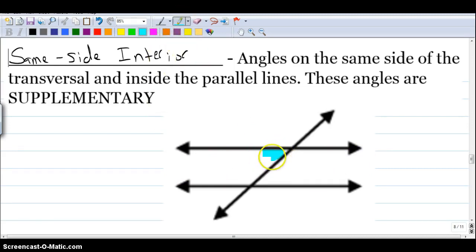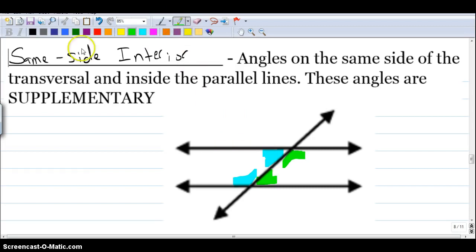Here's the inside left, here's the inside left on the bottom. There you go, those are same side interior angles. On the right, also on the right, same side interior angles.